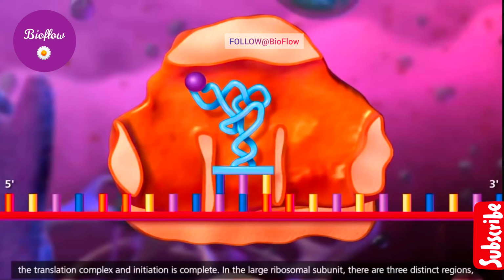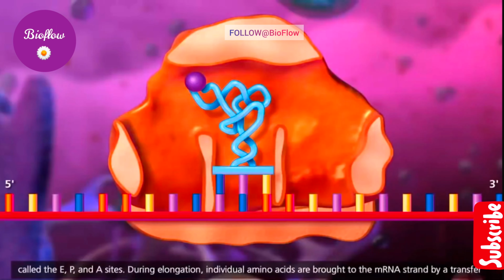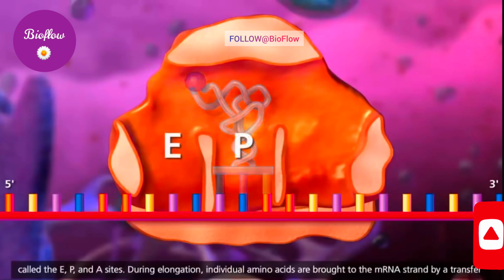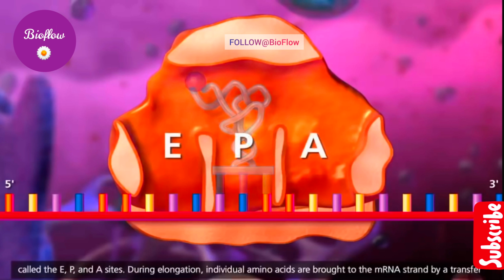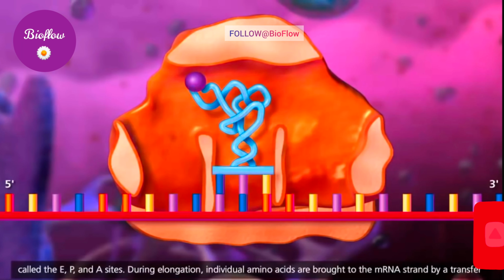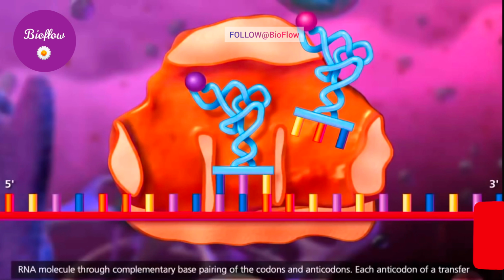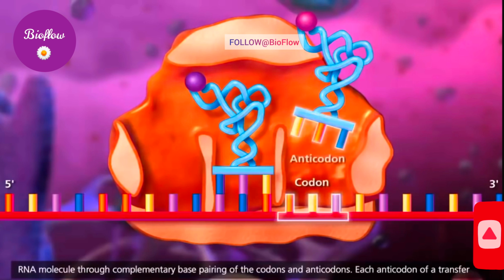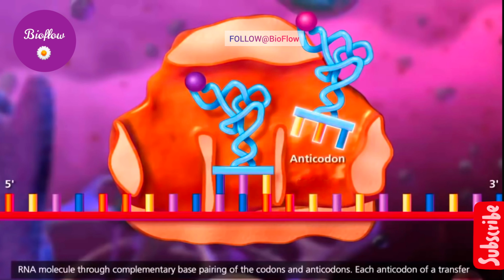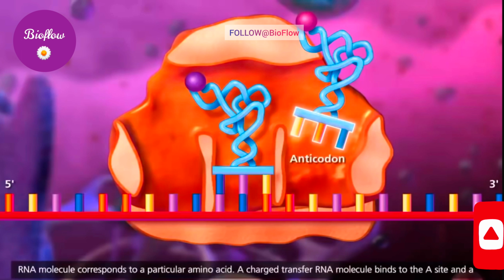In the large ribosomal subunit, there are three distinct regions called the E, P, and A sites. During elongation, individual amino acids are brought to the mRNA strand by a transfer RNA molecule through complementary base pairing of the codons and anticodons. Each anticodon of a transfer RNA molecule corresponds to a particular amino acid.